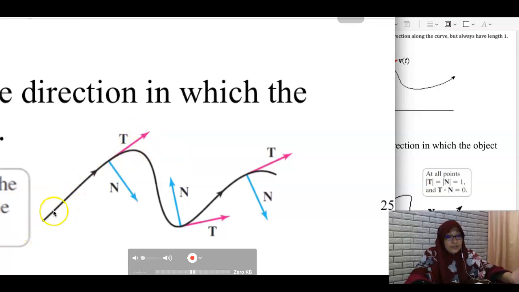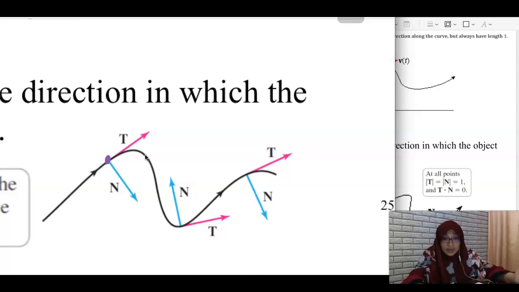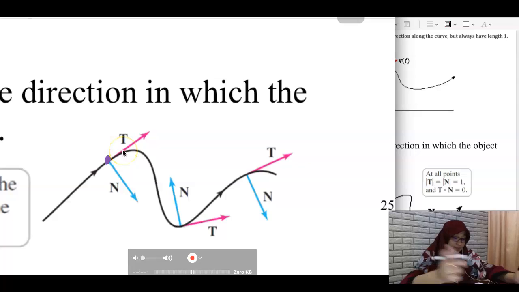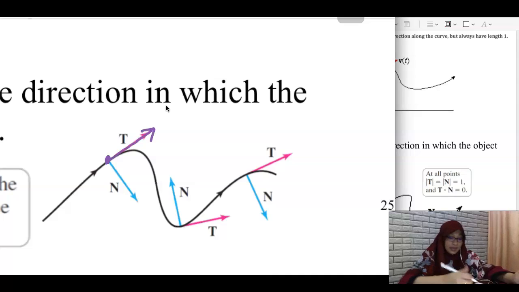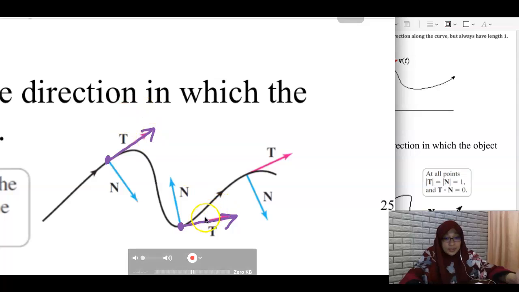If it's moving left to the right and you want to investigate the unit tangent and unit normal, then using this curve, the T always points over here. Similarly, if you want to calculate the unit tangent and they ask you to label it, the T always points that way because it follows the direction the particle is moving.